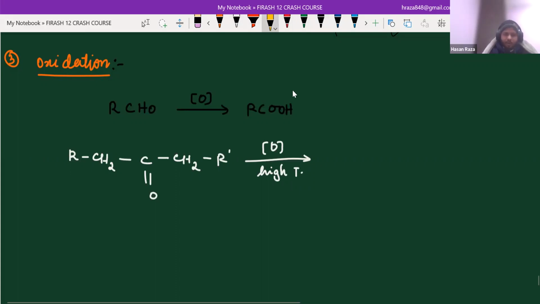Now see what will happen. You are going to count the carbon from here 1, 2, 3 because you are going to break it.